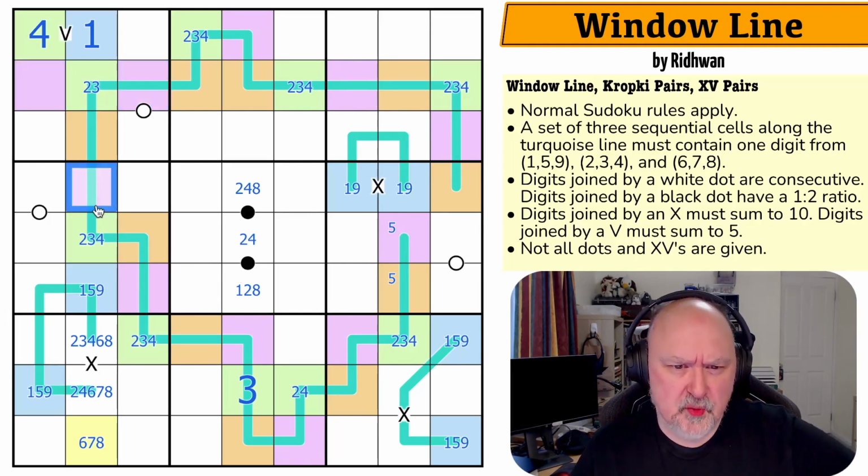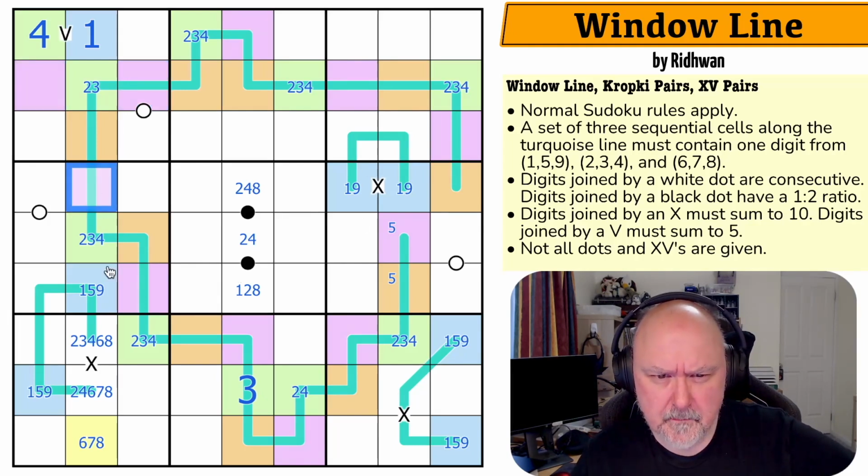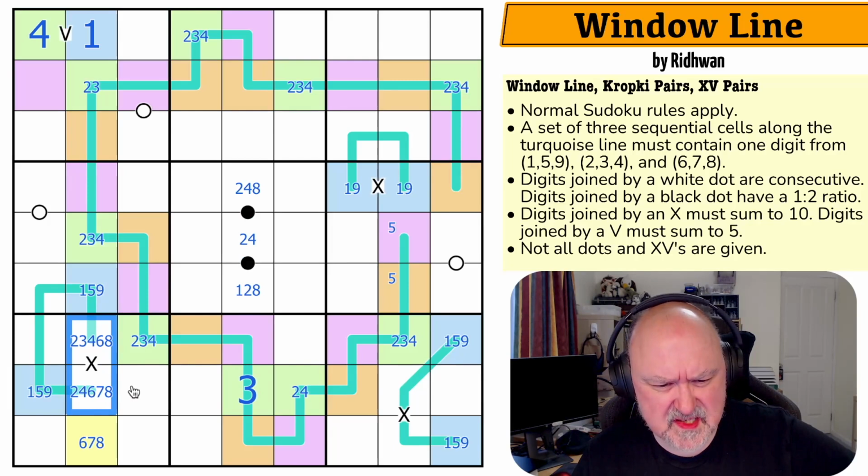If purple is blue, that's a 5. So these would be 1, 9. So this would be a 4, and then this would be 2, 3, and this would be 4, 6. And I'm not sure what that's doing.